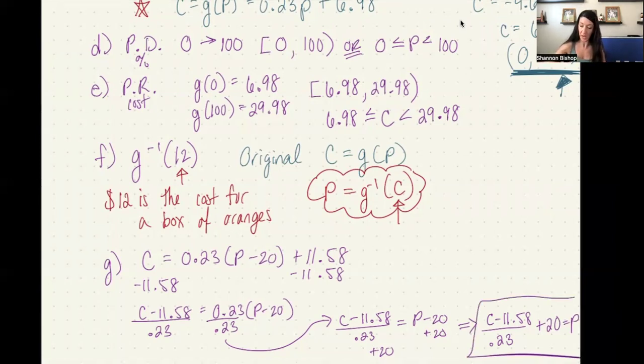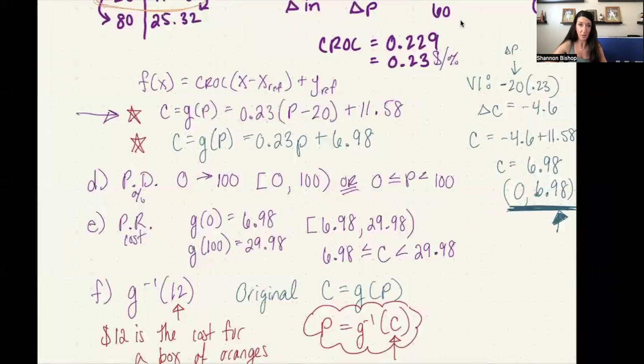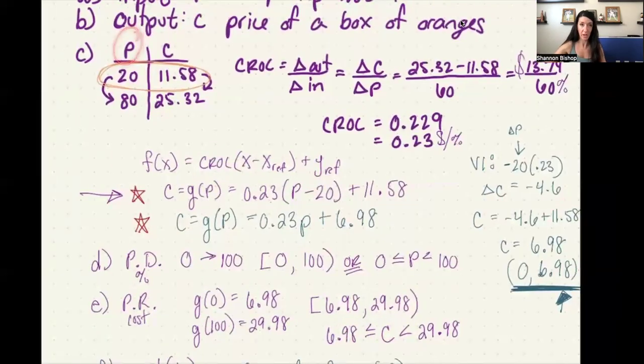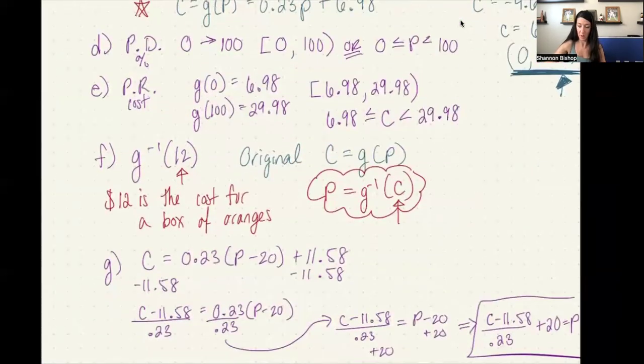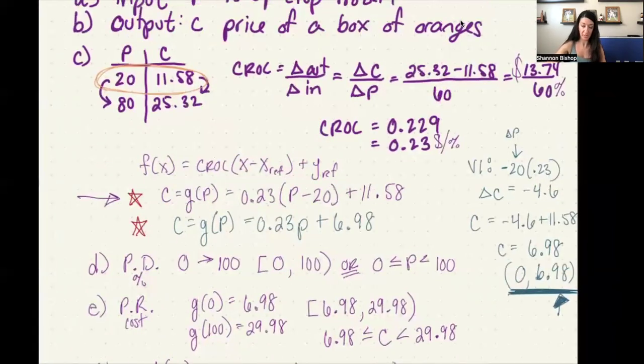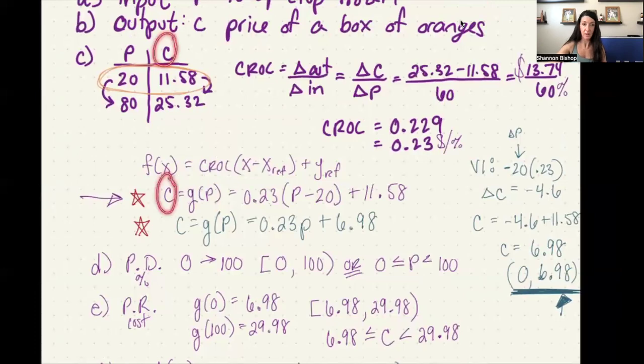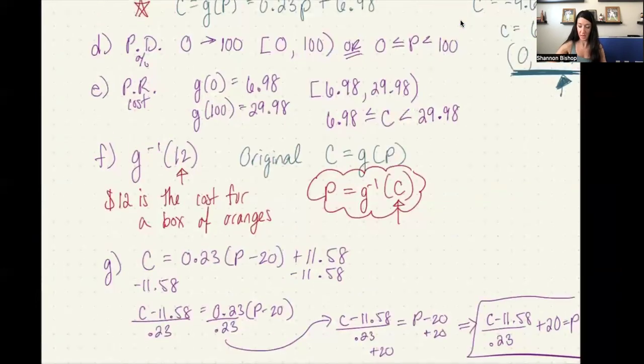Notice by the time you're done, P is now on the outside. Yeah, that's the whole point. Remember, P used to be the input? Yeah, not anymore. Now it's the output. And the variable C, remember C used to be on the outside? Yeah, not anymore. C is on the inside of that expression. So that's it. Mission accomplished. That's the inverse right there.